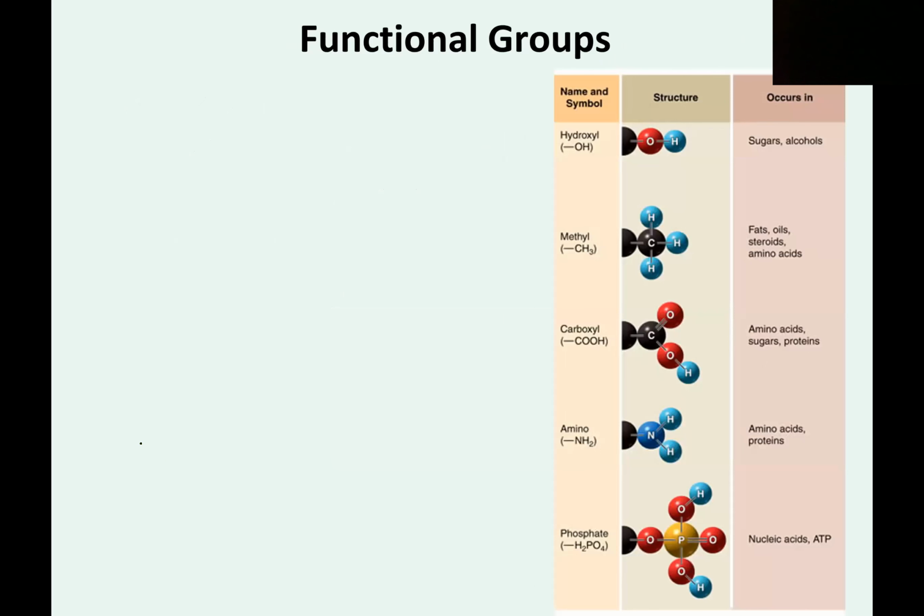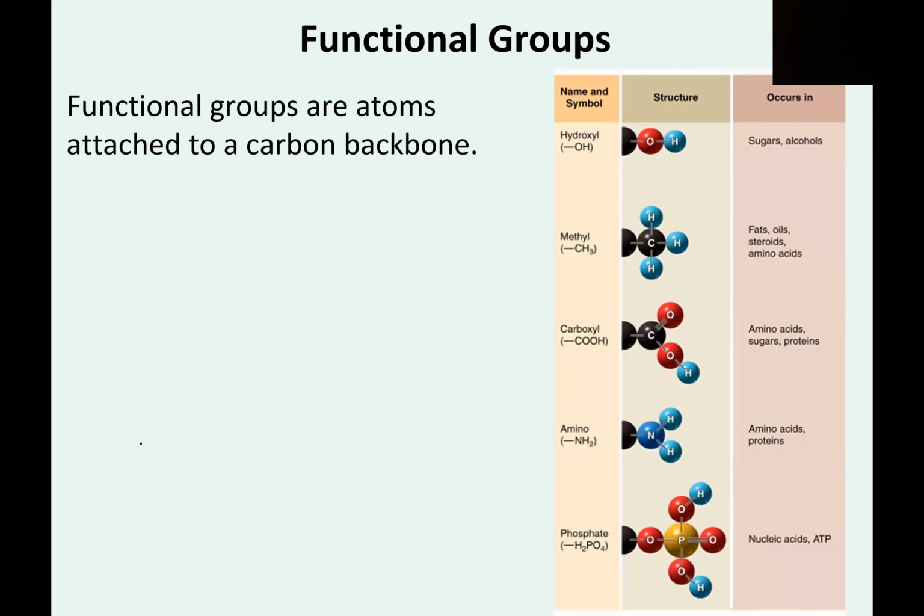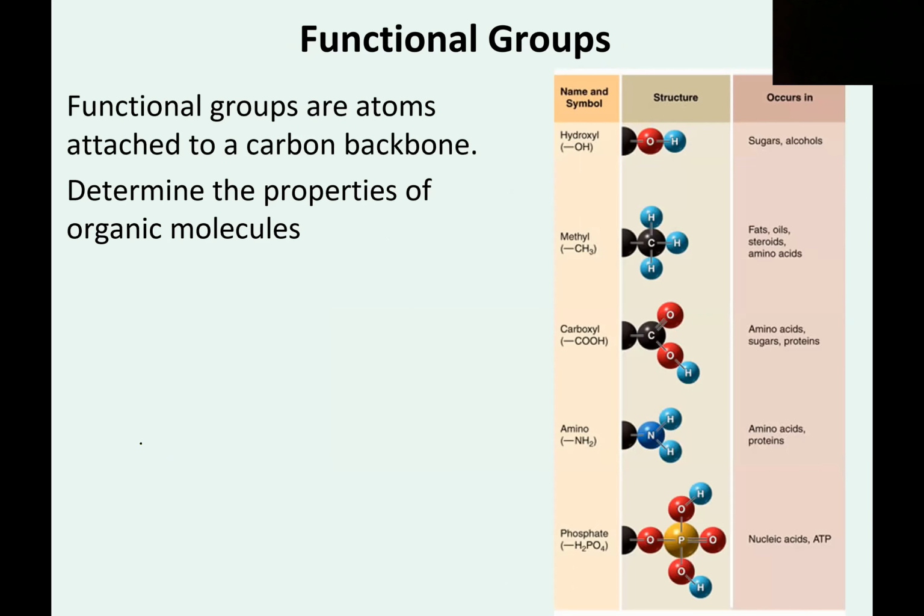Okay, functional groups. Functional groups are groups of atoms attached to a carbon backbone. They can determine organic properties of organic molecules. So you have 5 that you have to know, and you'll need the name, the molecular formula, and the structural formula.